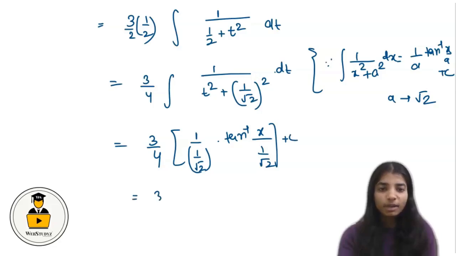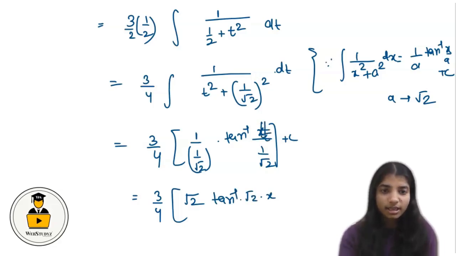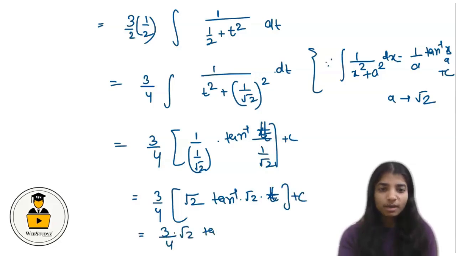So this value is 3/4 times 1 divided by (1/√2), which equals √2, tan^-1 of t divided by (1/√2), which equals √2 t, it's not x, it's t here, plus c. Now this becomes 3/4 multiplied by √2 multiplied by tan^-1 of √2 t, and we let t equal x^2. So this becomes x^2 plus c.